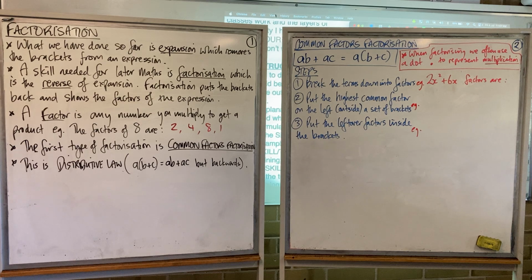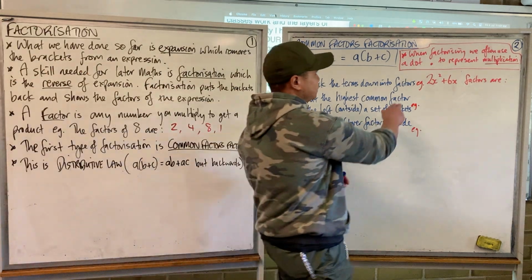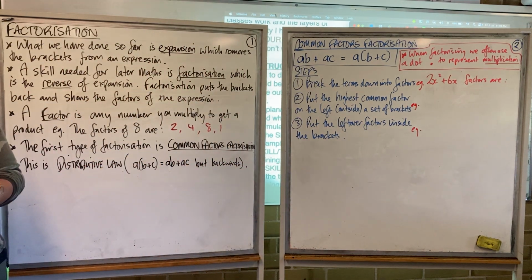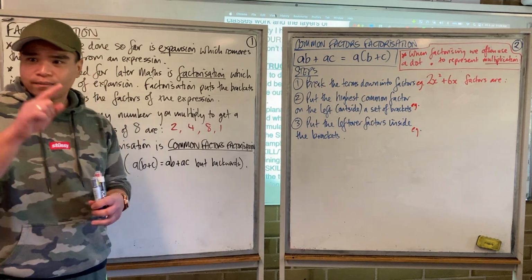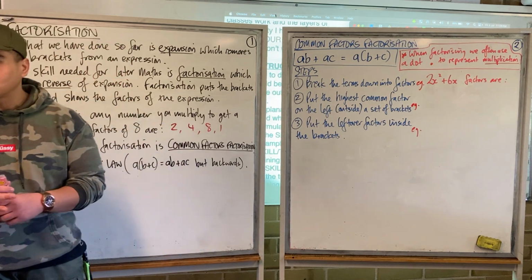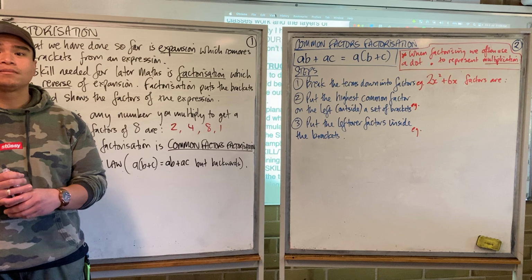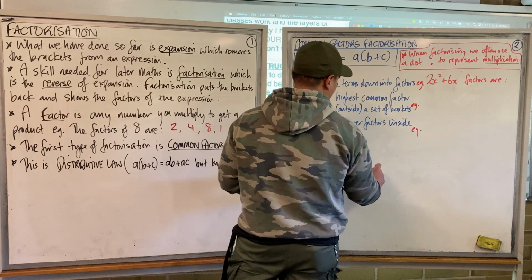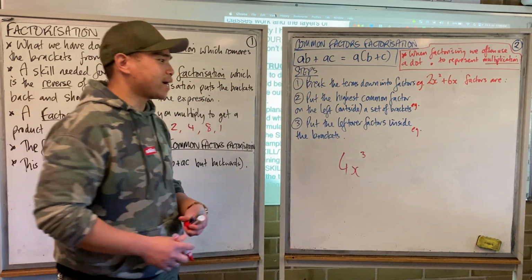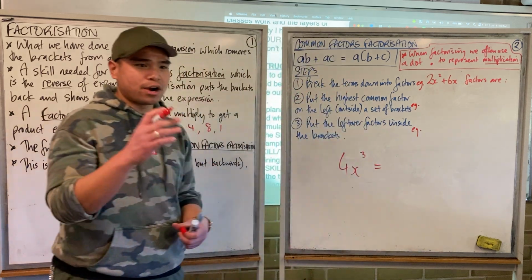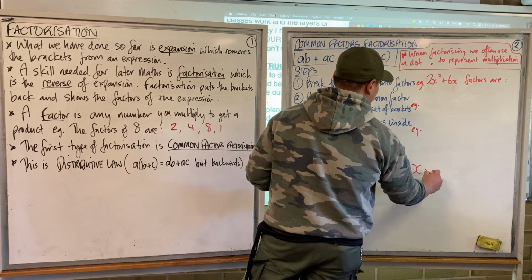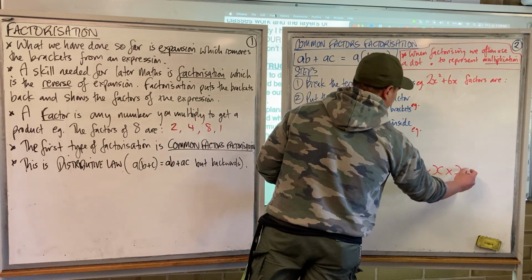So what are the steps? Just a little reminder here. When you're factorizing, we often use a dot to represent multiplication. Any idea why we might do that? Why might we do little dots instead of the cross for multiplication? Saving space is one, yes. It doesn't get confusing with other x. Yes, good, because if you had, I don't know, 4x to the power of 3, and you wanted to write that as factors, if you wrote multiplication as your little x, it's going to look like this: 4 times by x times by x times by x.